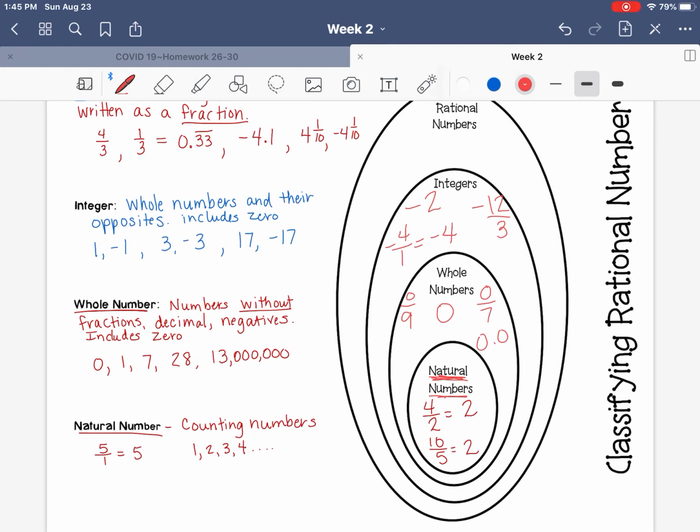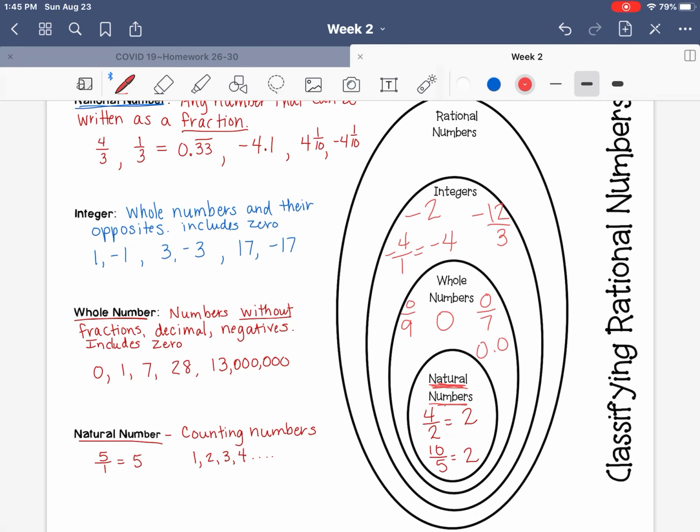So those are all integers. That's their most specific category. Everything else, except for the number pi, is considered a rational number. When you get into higher levels of math, you'll find out about different irrational numbers, but for now, we're talking about rational numbers. Any number that can be written as a fraction could go here.